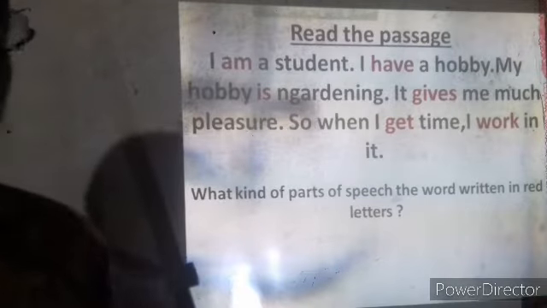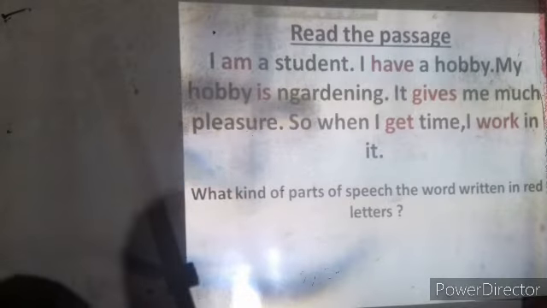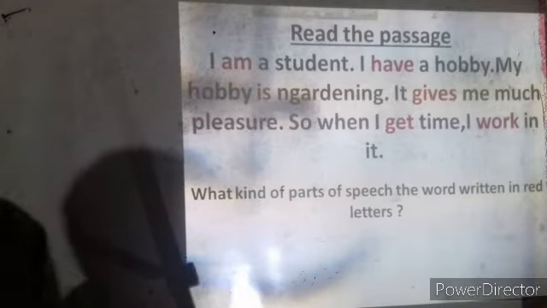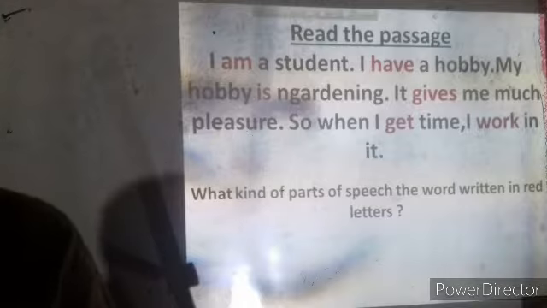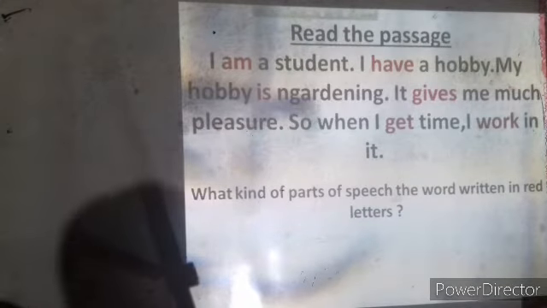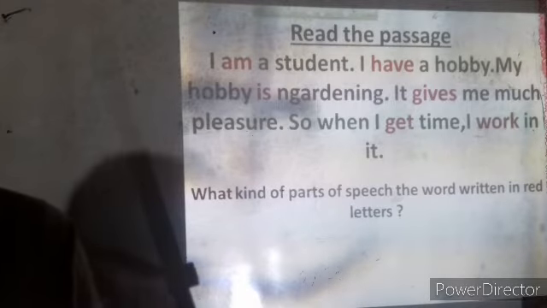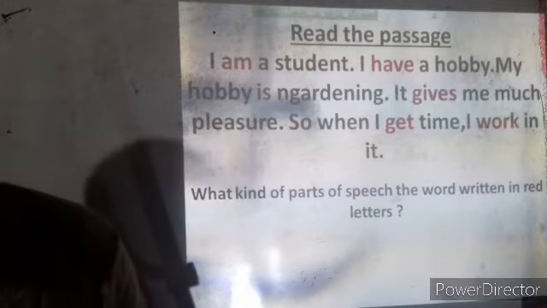My dear students, probably you have identified what kind of parts of speech the words written in red letters are. Have you understood? Yes, fine. The words written in red letters are verbs. So, today our topic is about verbs.